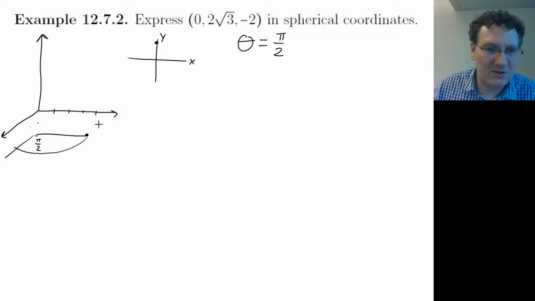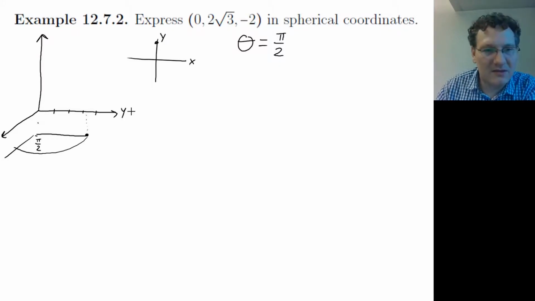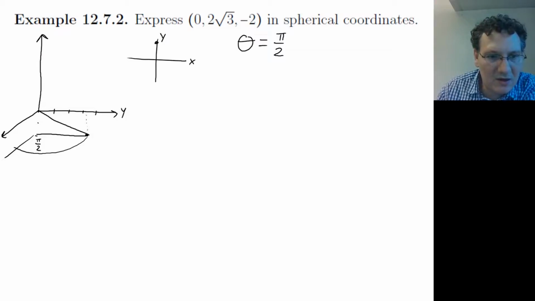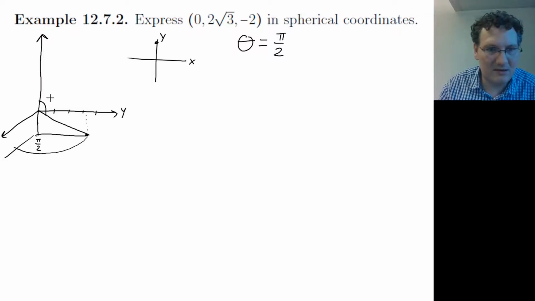That's directly underneath the y-axis. As far as the z goes, we have to come up with a triangle here and figure out what this is. This is the phi, right?